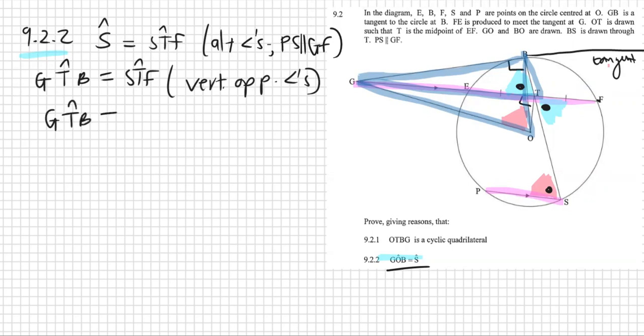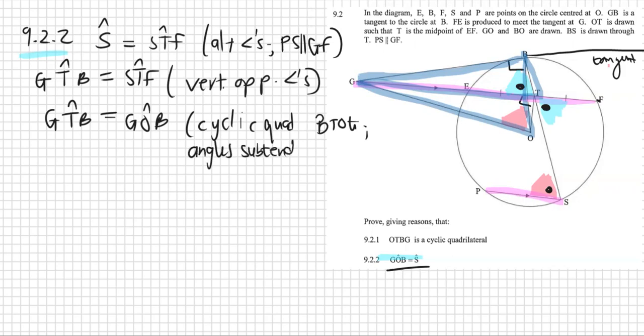So GTB is equal to GOB, excuse me. And that was because of cyclic quad BTOG, angles subtended by equal chord.